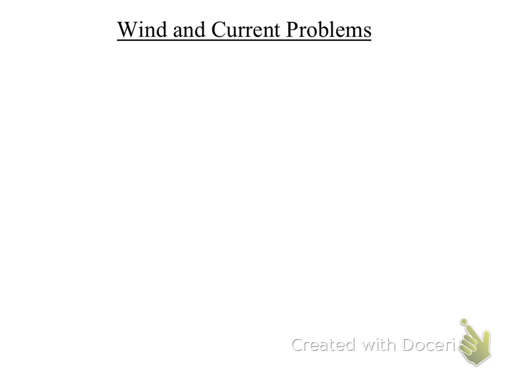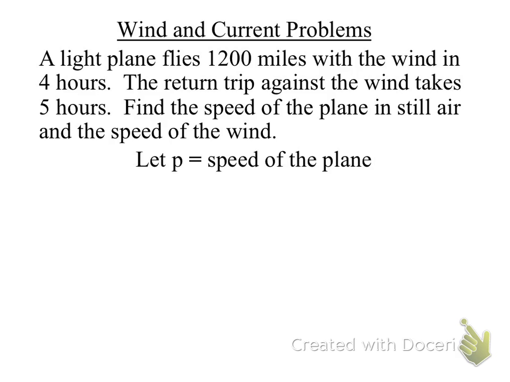So when we do our wind and current problems, now they use P and W, but I'm going to call it R. You got that? Because I like to talk about a speed as a rate. I want you to know that what you find is going to be a rate.